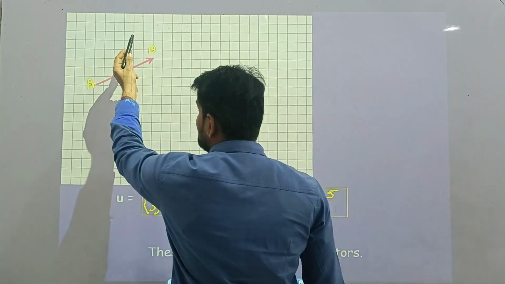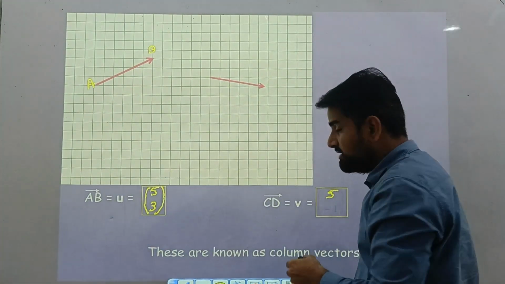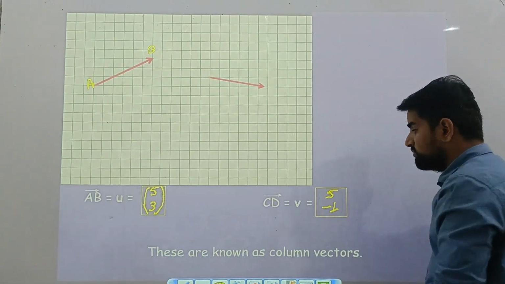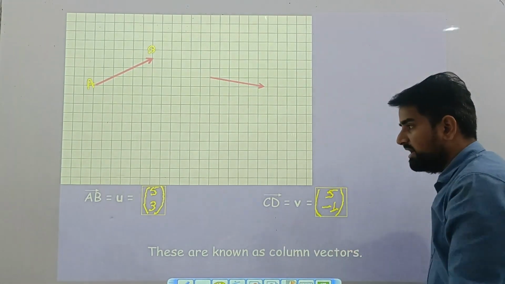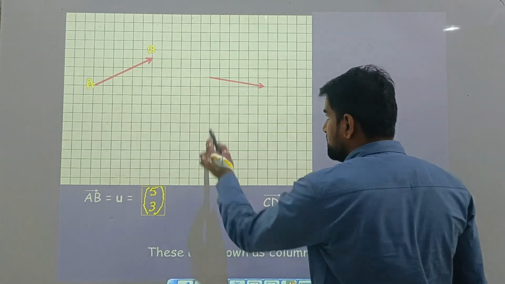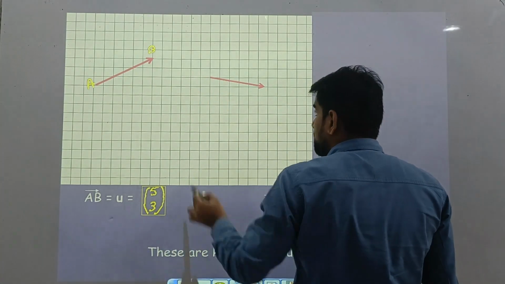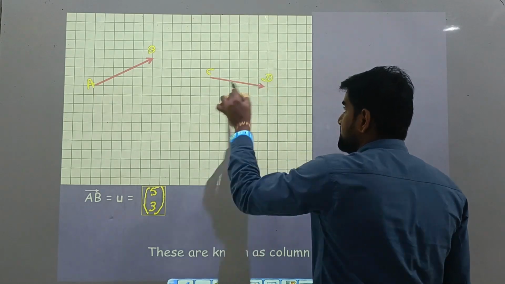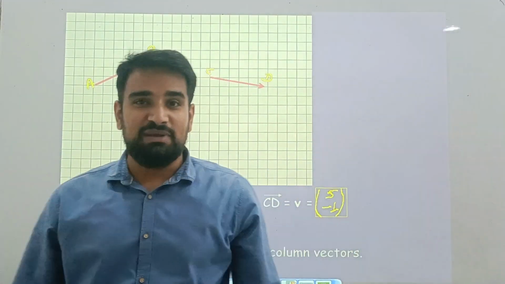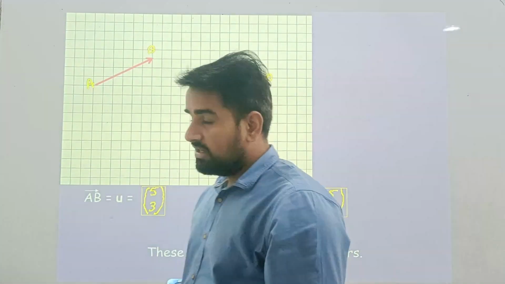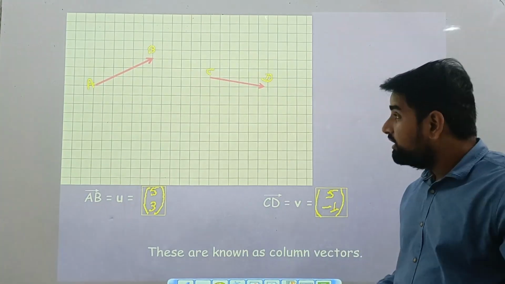If upward is positive, then downward is negative. So I will represent it as 5, -1. And I need to mark it as C and D.